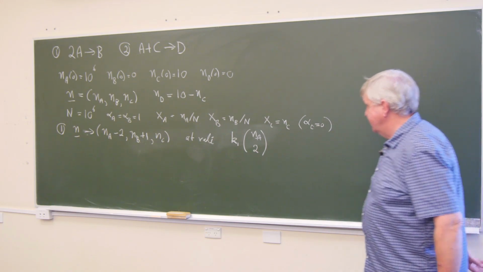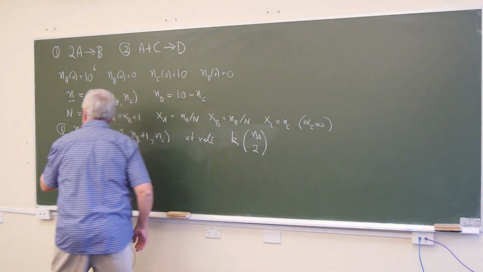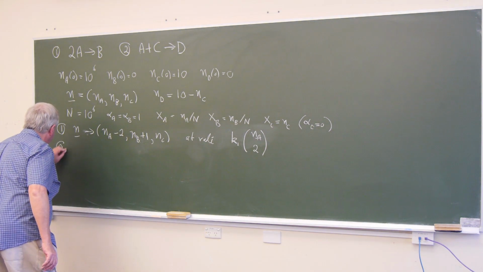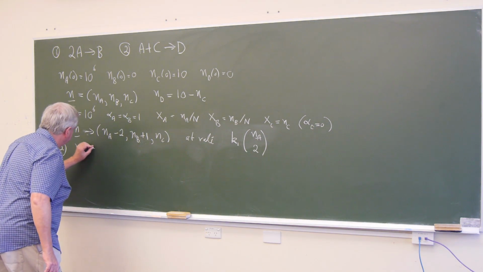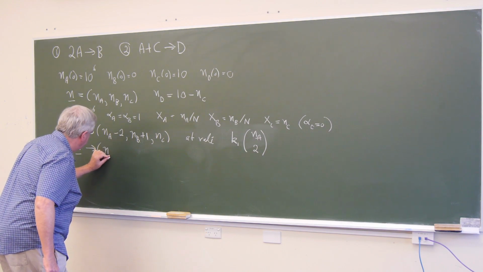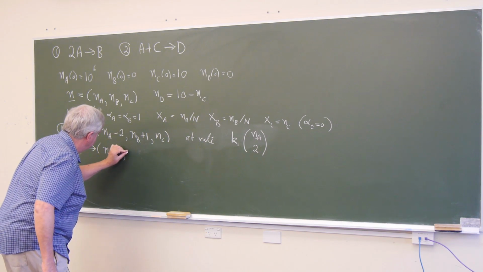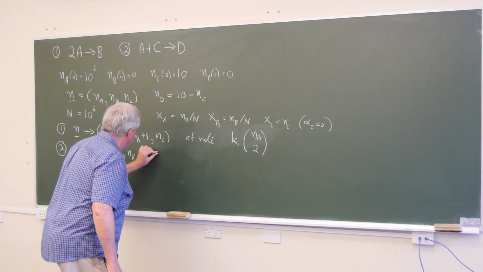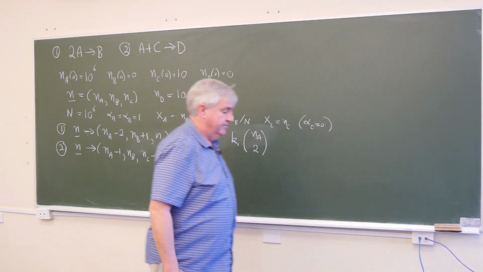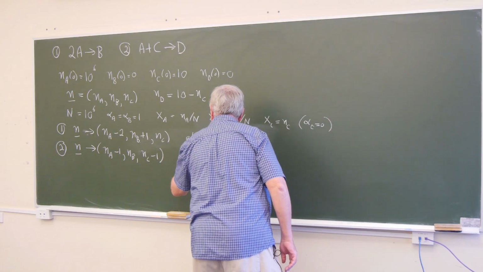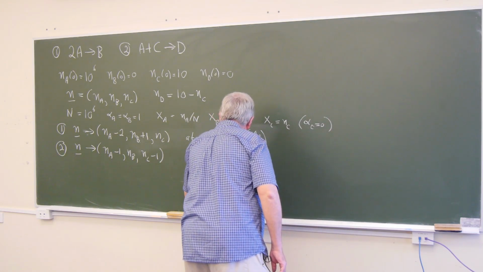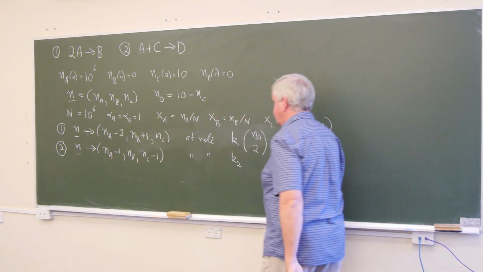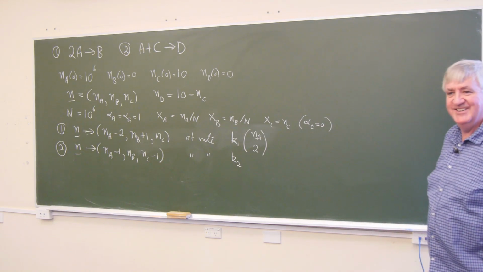Okay, so that's the rate at which the first one occurs. I'm going to scale that k1 in a minute. But the other reaction, Na minus 1, Nb, Nc minus 1, occurs at rate k2 times what?